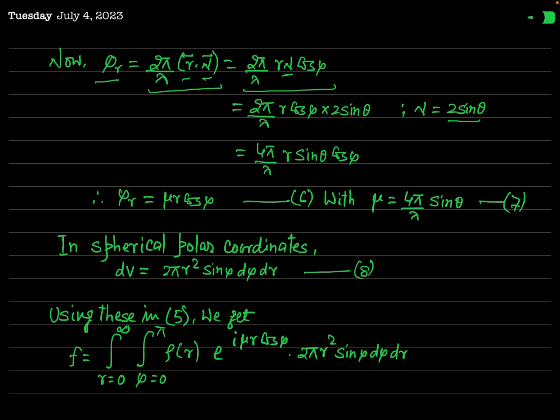So instead of n, I have written 2 sine theta. And so you can say that phi r is equal to 4 pi over lambda times r sine theta cos phi. For convenience, this can be written as phi r equal to mu r cos phi, where I have written mu for 4 pi by lambda sine theta. In this way we have defined phi r.